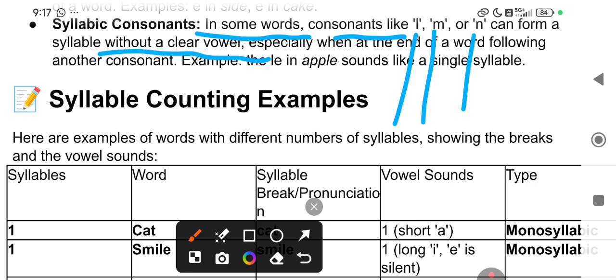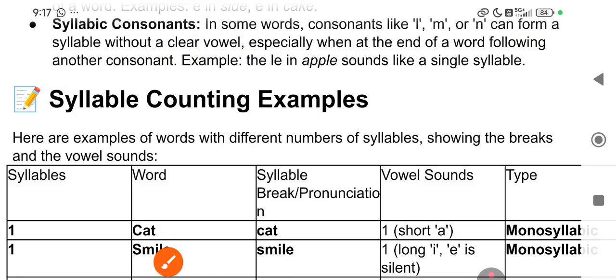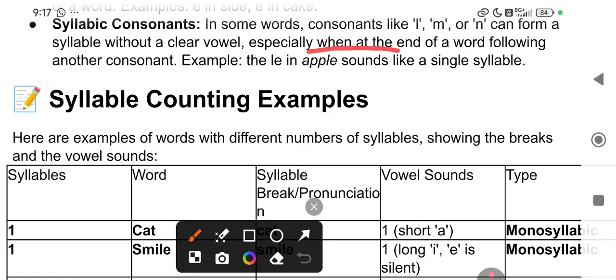Consonants like L, M, N can form a syllable without a clear vowel, especially at the end of the word following another consonant.